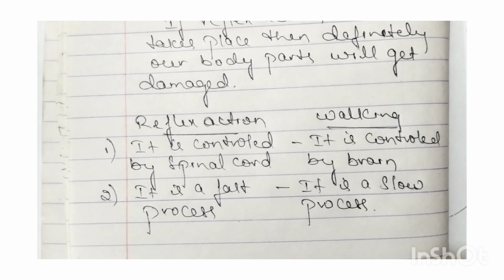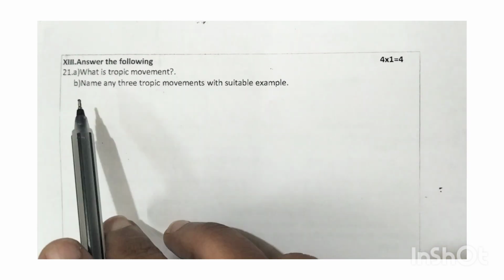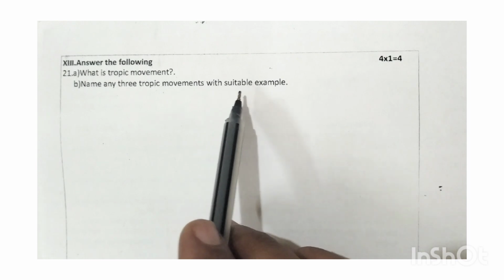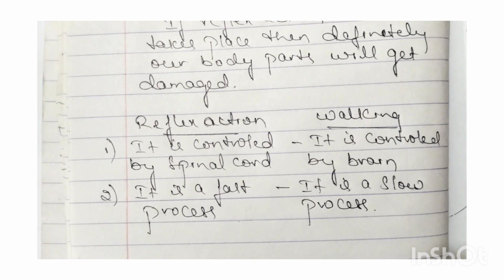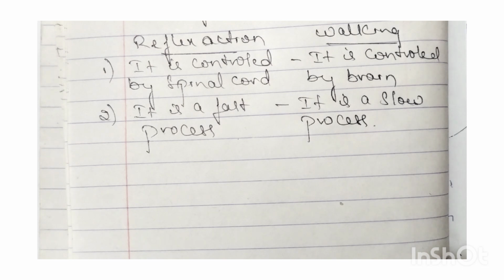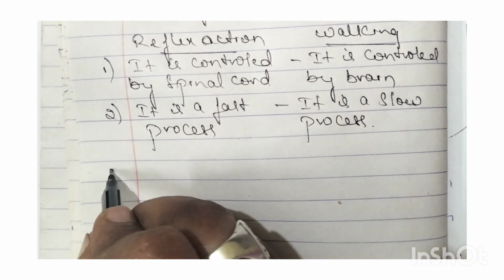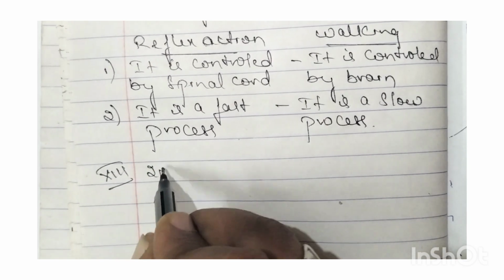Then let us move to the next question, that is the last main. What is tropic movement? Name any 3 tropic movements with suitable examples. This is 4 marks and this is the last question of the biology part. So let us answer the first one, what is meant by tropic movement. This is the 13th main and the 21st question.